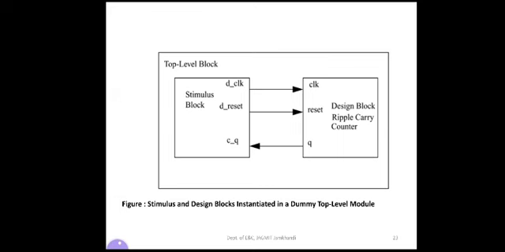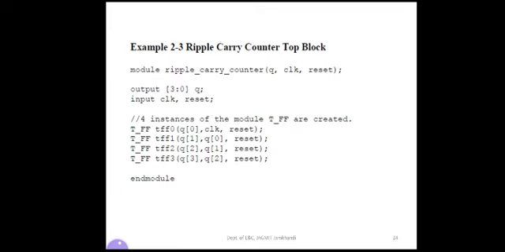It also checks and displays the Q signal, that is c_Q, which is connected to the signal Q in the design block. The function of the top level block is simply to instantiate the design and stimulus blocks. This is the second style of stimulus simulation. We will see an example using the ripple carry counter with a top block.